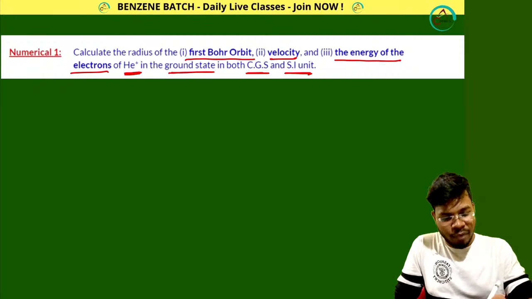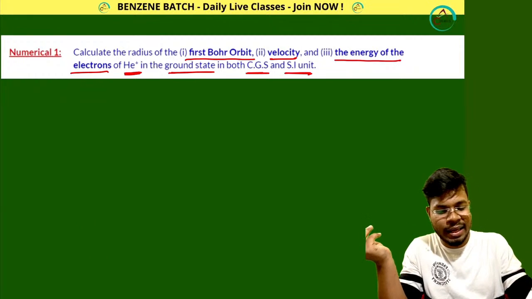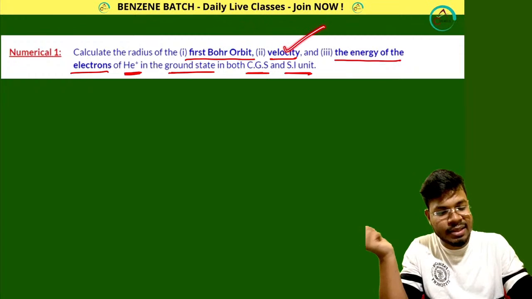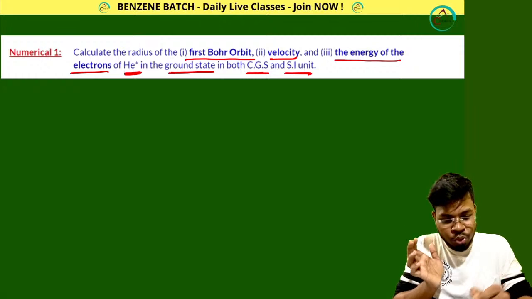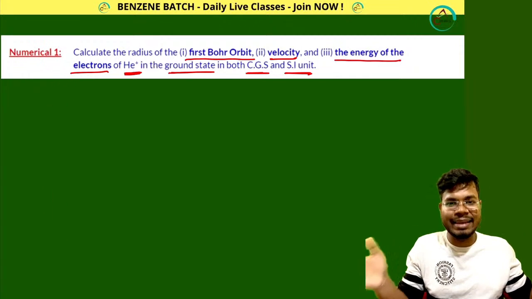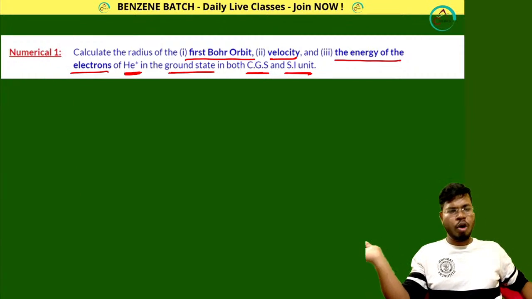This is a very big question, but in IIT JAM they won't ask everything from this. They can ask this, they can ask this, they can ask also this. They don't ask all the information, but through one problem I will be solving all the possible things that I can do with this problem, and I will be solving different kinds of problems.